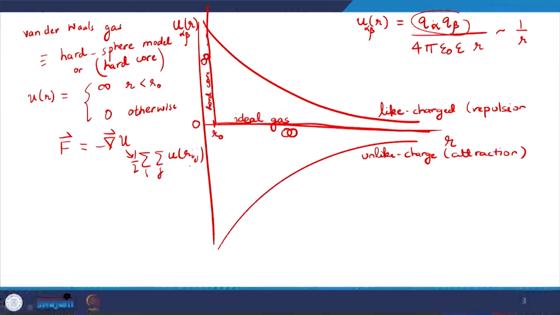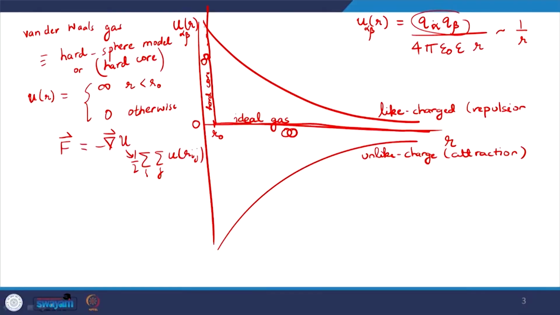Since I have to find a gradient, what this demands is that capital U has to be, and this is by the way small u, keep in mind, that is between the particles, this capital U, that is the total energy of a system, has to be a smooth function without any discontinuities. Whenever there is a discontinuity, the gradient is not defined.